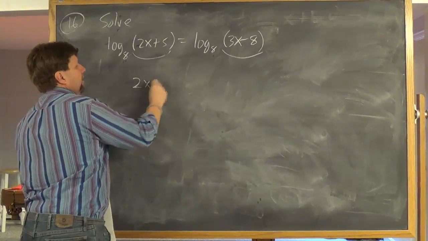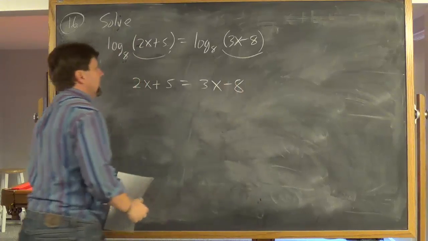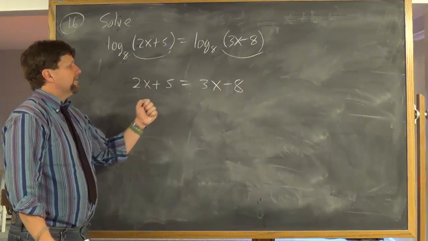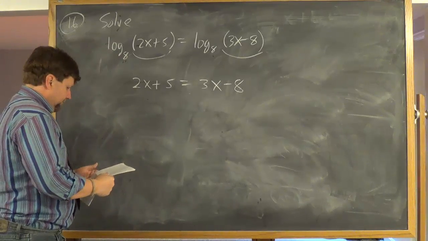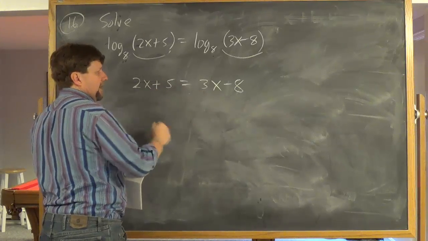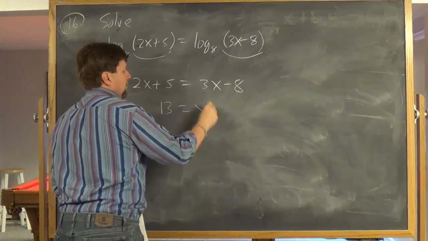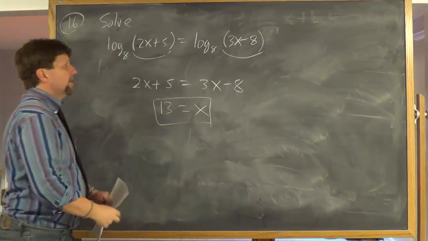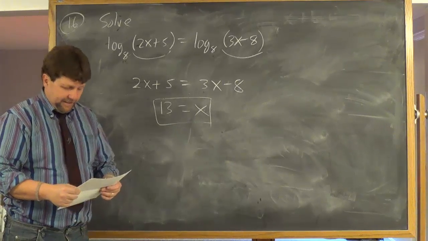So in order to have this equation be a true statement, you must have 2x plus 5 equaling 3x minus 8. And what I would do here is I would probably subtract 2x from both sides and add 8 to both sides. And I immediately have the solution, x is 13. And that is it for number 16.